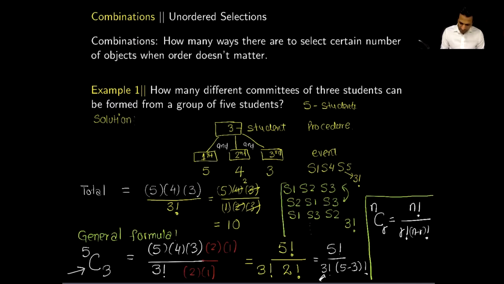So this will be our general formula for the combination problem: n choose r is equal to n factorial divided by r factorial multiplied by n minus r factorial.